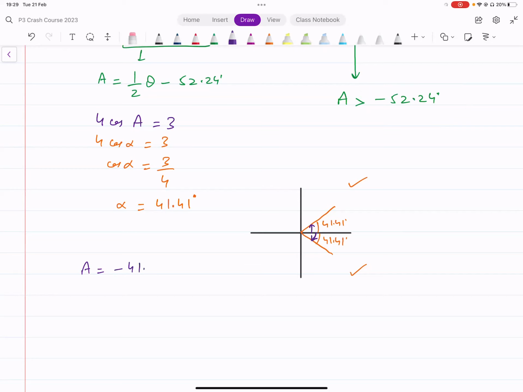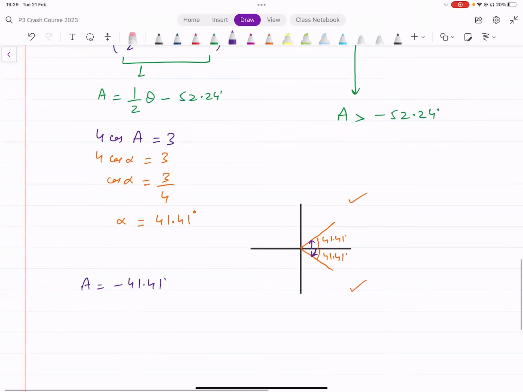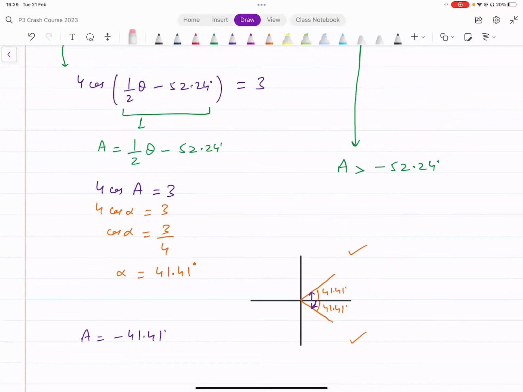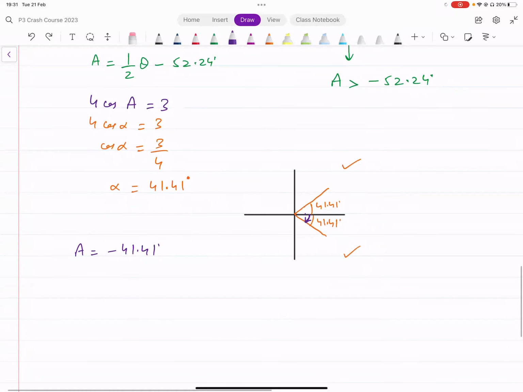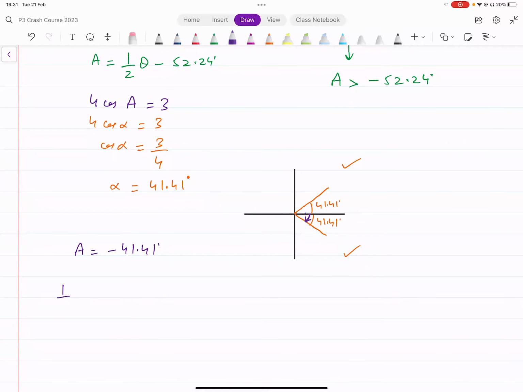That is minus 41.41 degrees. This is the smallest value of A that we have in this interval. So this is what we should be using since we're looking for the smallest angle. Now, what was A? A was half theta minus 52.24. Let's put that back. We have half theta minus 52.24 equals minus 41.41.